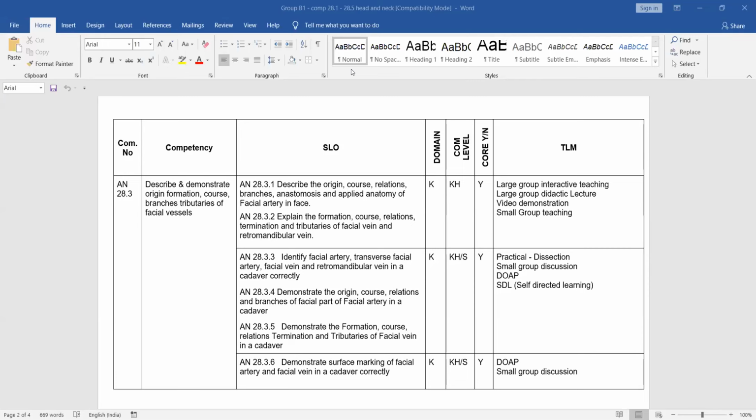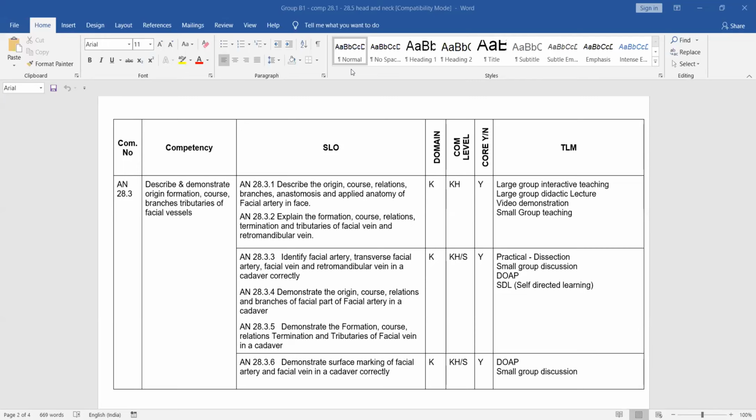Yes, ma'am. Praveen sir, you have raised your hand. Please unmute yourself, sir. Actually, I just joined in, and I was just listening to the point of splitting the SLOs. I think the reason why we need to split the SLO is to look at the criteria for every SLO.